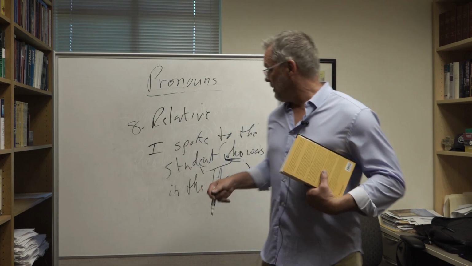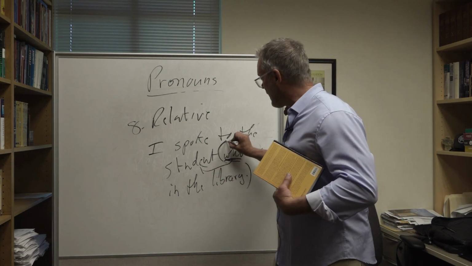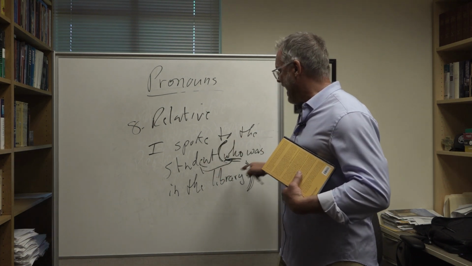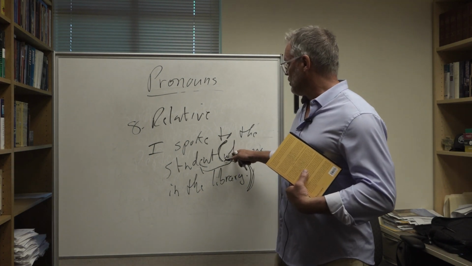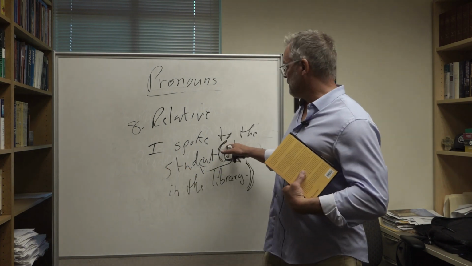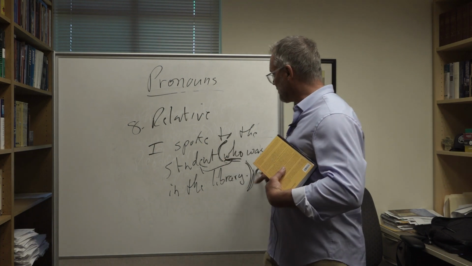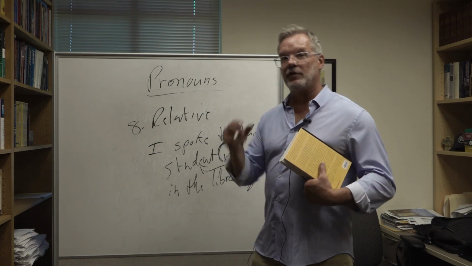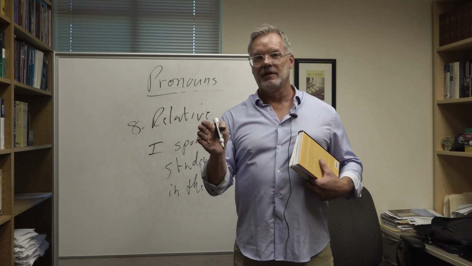Because the case of the pronoun is determined by how it acts within its own clause. Here it's the subject, so it would be in the nominative case. We're not talking about the whole sentence, just the clause. And by the way, the relative pronoun will come at the beginning.